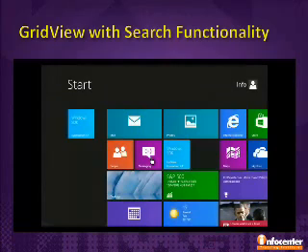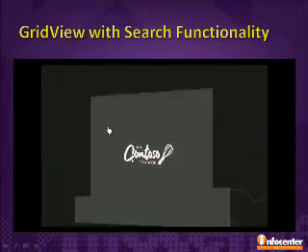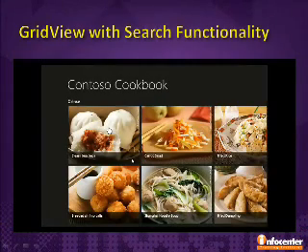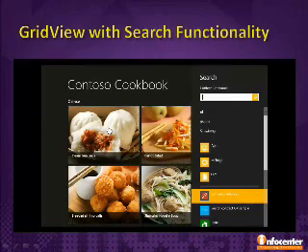And finally, let's see how we can enable search functionality in our application. We'll go back to the same application, and let's assume that the user is interested in searching for a particular word or a particular product.